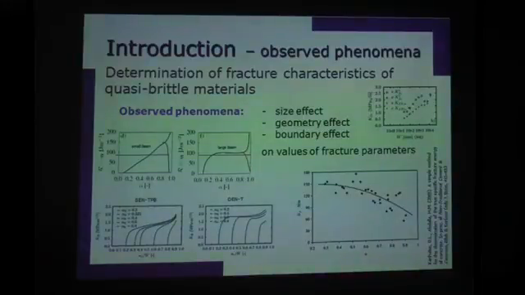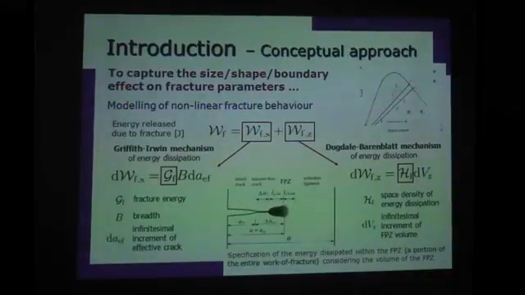You can see the examples, for example, the R-curve behavior, or the fracture toughness, or the fracture energy. The values of those parameters depend very strongly on the size or geometry of the test samples. So, how to deal with these effects?